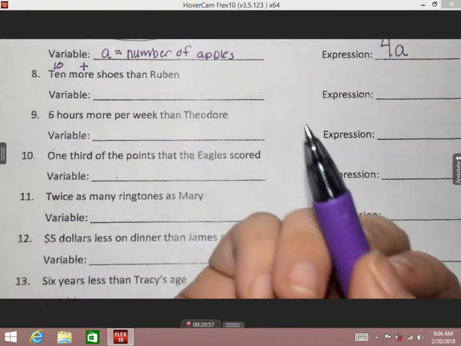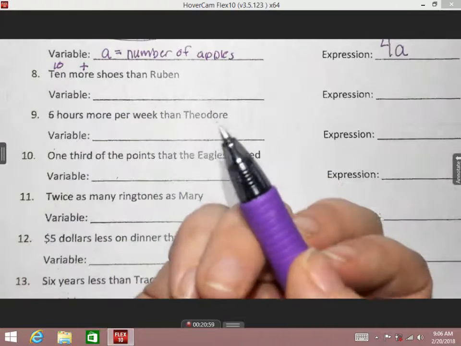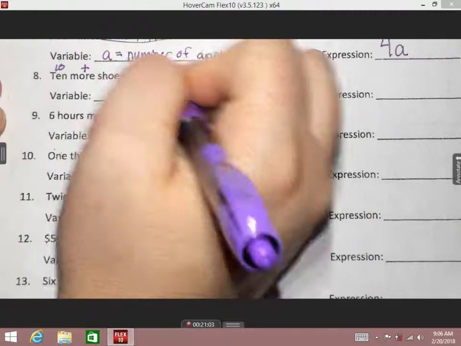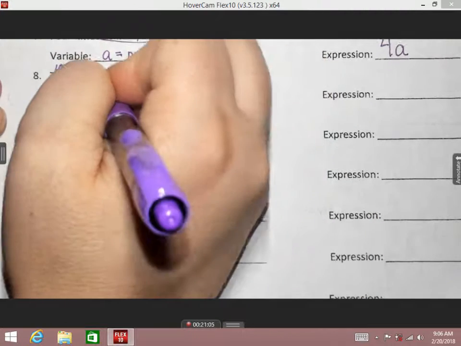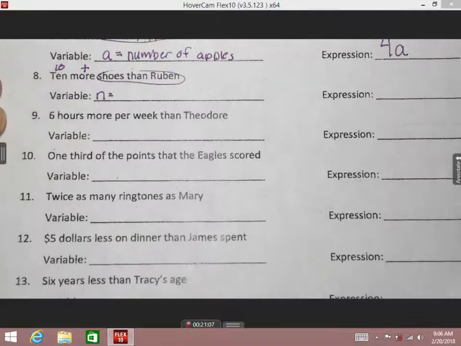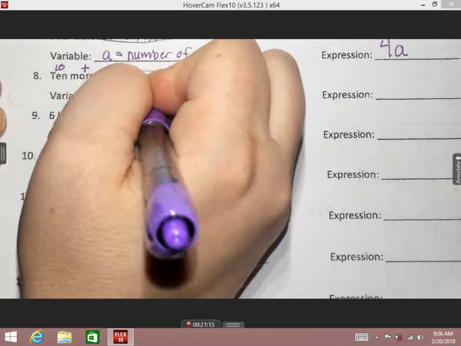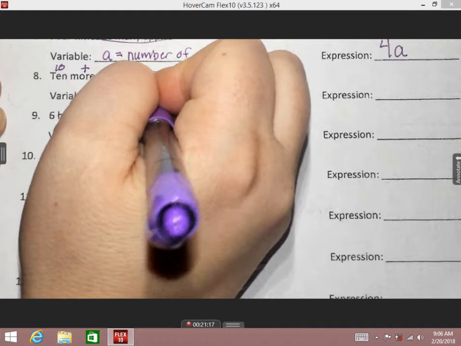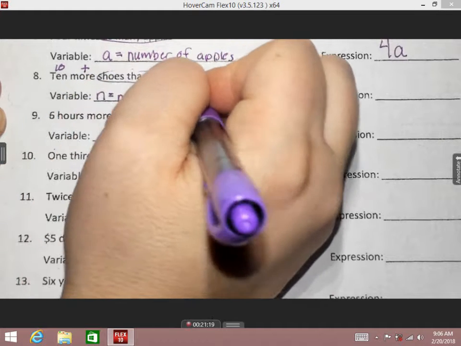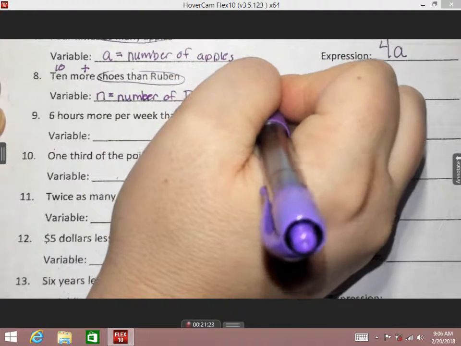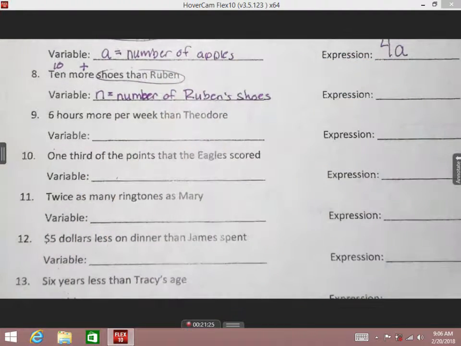No. What do I need to know? Not just Reuben. What do I need to know about Reuben? How many shoes he has. So guys, what I'm going to use is, I'm actually going to use N. We could have used S. We could have used R. All right, I'm going to use N for the number of Reuben's shoes. Number of Reuben's shoes.